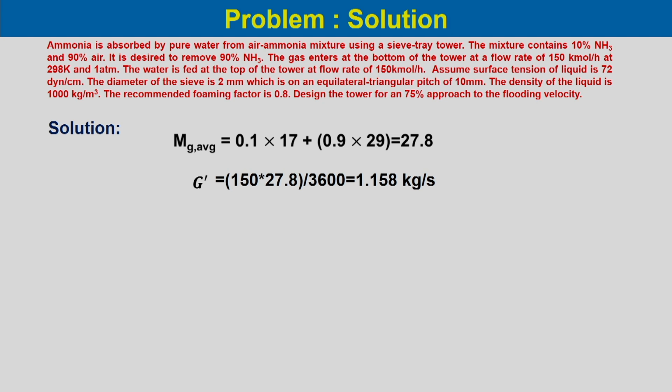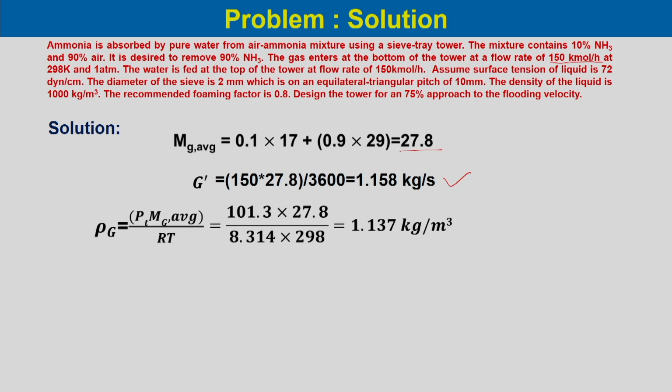Now, G dash, the gas flow rate, is given as 150 kmol per hour. We can calculate it in terms of kg per second. G dash would be 150 into the average molecular weight 27.8 divided by 3600 seconds. So, it would be 1.158 kg per second.